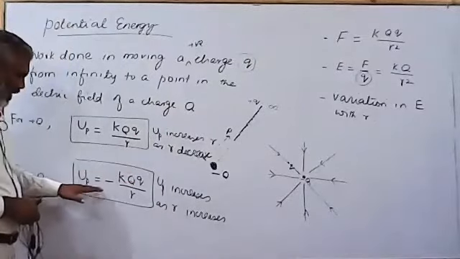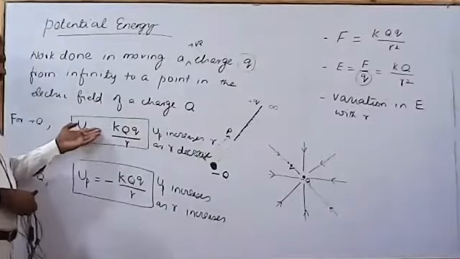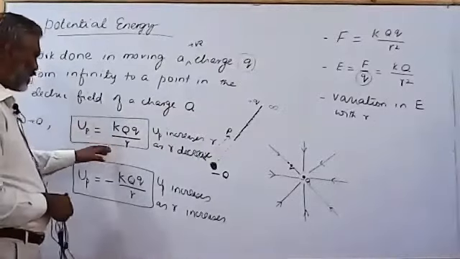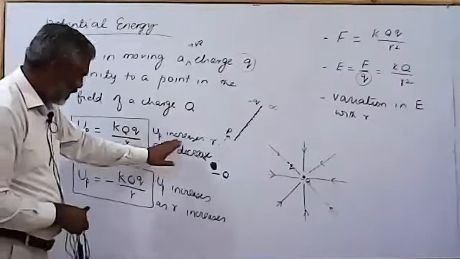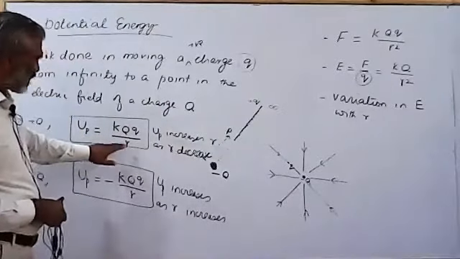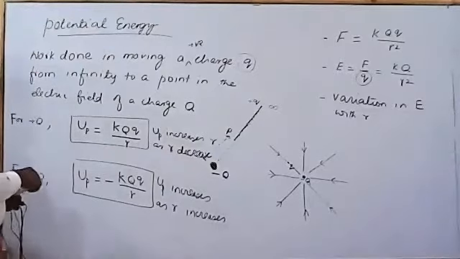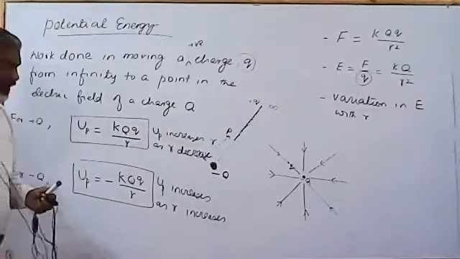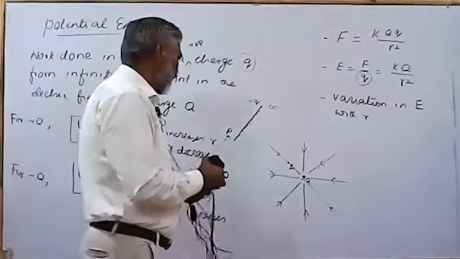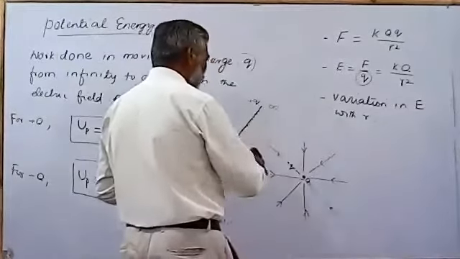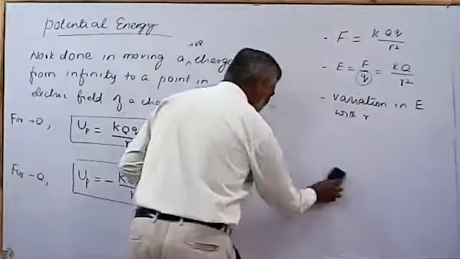So this is more like gravitational potential energy, but this is different because this increases with the decrease in R, as it should be, because it's a positive number. So let's come to another important quantity, and then we'll relate electric field to that one.